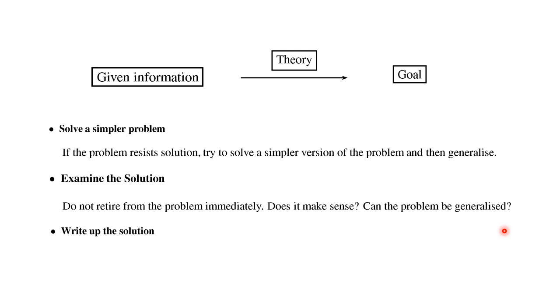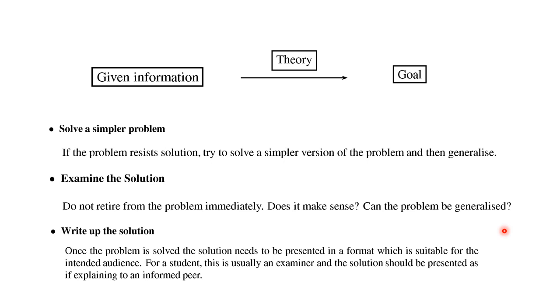Then when you finally solve the problem, you've been writing down your thoughts and calculations on a piece of paper, then write it up properly. So that if this is a problem that you're solving in an exam, or further down the line, if this is a research problem, and now you're going to write it up, you've done your calculations on the side, on pieces of paper or on the computer.